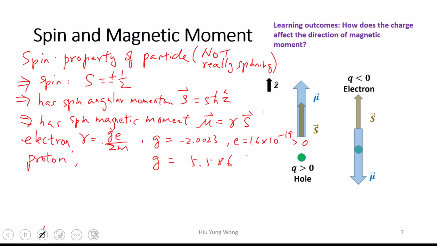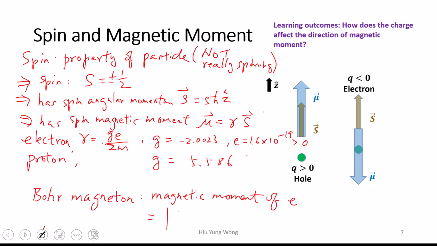Now, let's just talk about a very important quantity called the Bohr magneton that you will see very often. You don't need to memorize. It's talking about the magnetic moment of electron, but of course, its absolute value. So what is that?